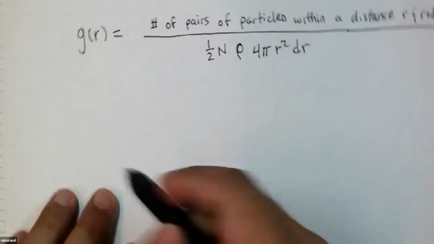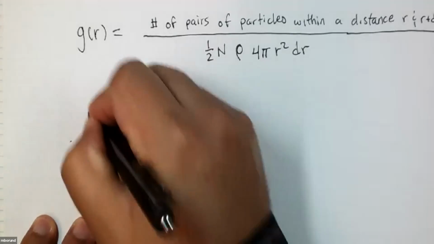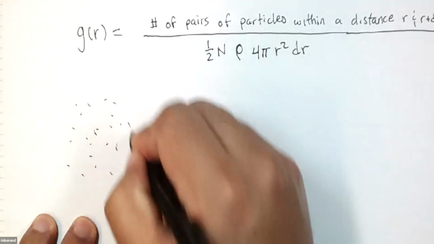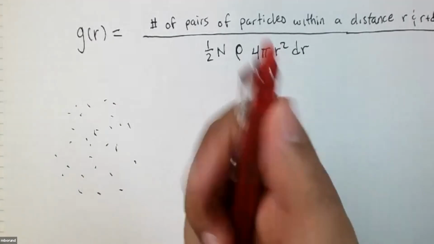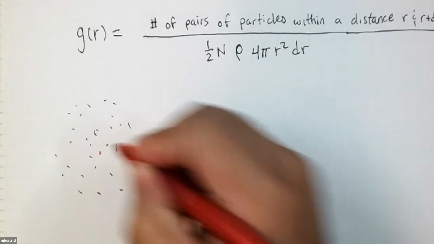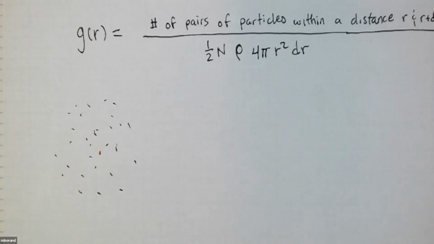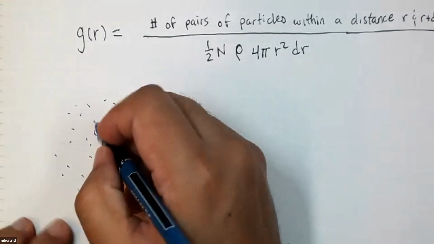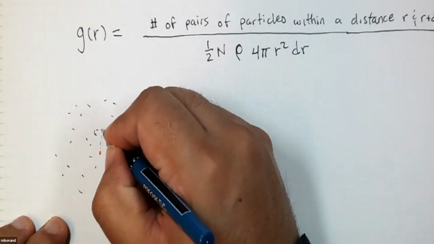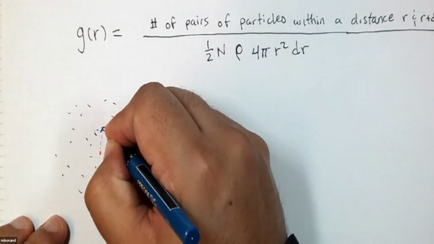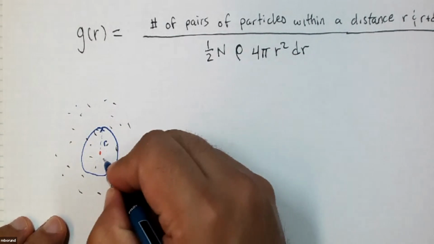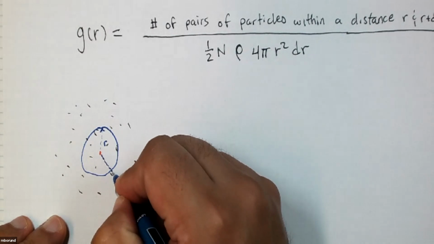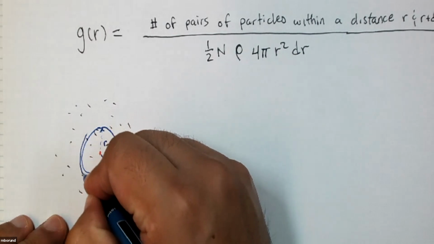So let's see. Let's say that this is just random like that, right? And then I have another particle right here. What I want to do then is take a shell. This is my shell that is going to go around in a circle here. This is R. And then another extra shell right here that goes around it like this.